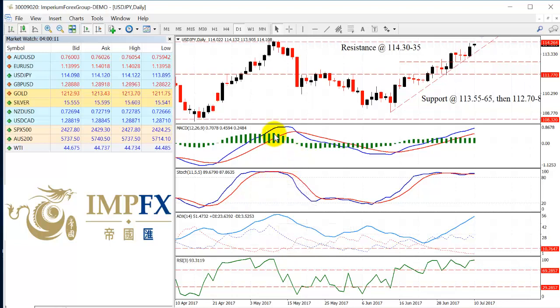The overbought indicators did unwind, and I do expect this to happen here soon. Although we could see a stretch beyond 114.30-35 to 114.95-05 just to push that last of the shorts out of the market and move beneath the support of 113.55-65. We'll get the initial move down towards 112.70-80, which is my preferred side at this moment.